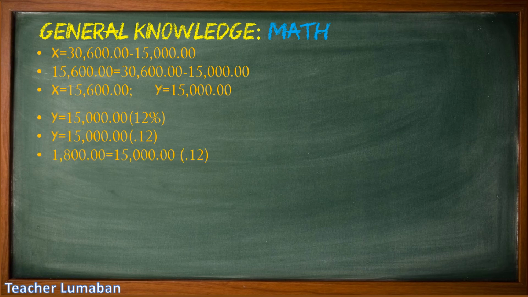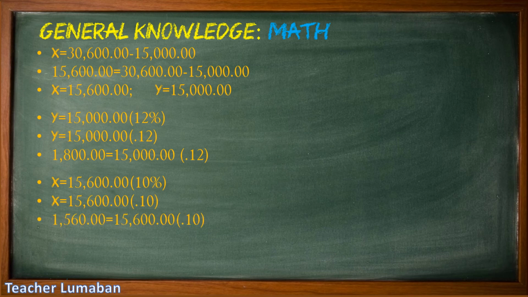1,800 equals 15,000 multiply 0.12. X equals 15,600 multiply 10%. Convert 10% to decimal. The shortcut way to convert from a percentage to a decimal is by removing the percent sign and moving the decimal point 2 places to the left. 1,560 equals 15,600 multiply 0.10.